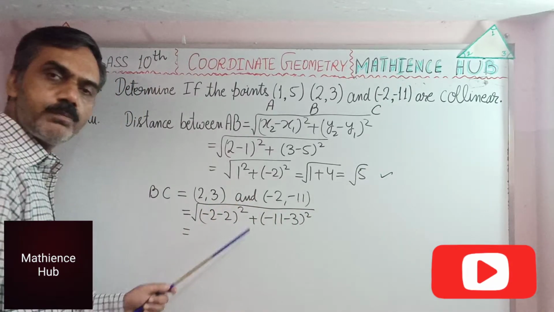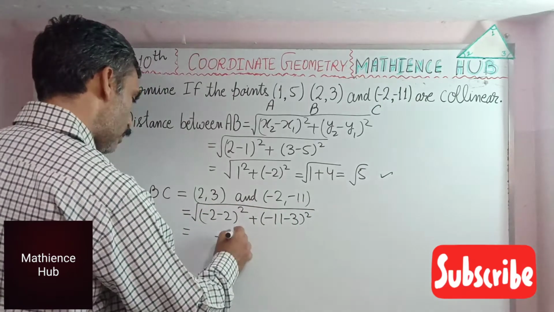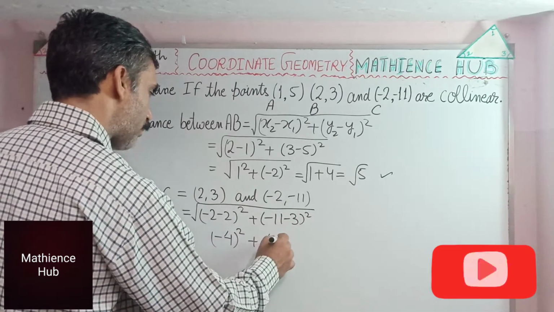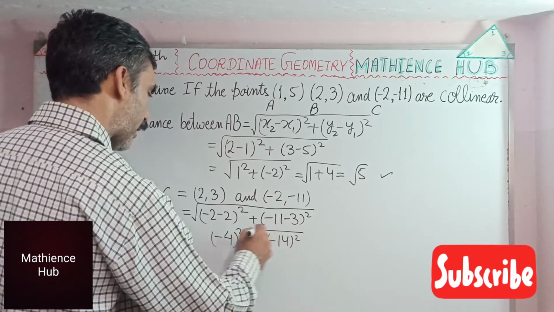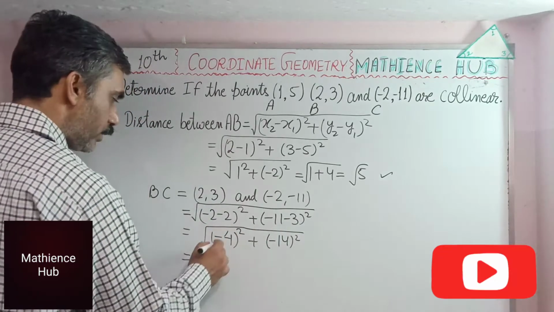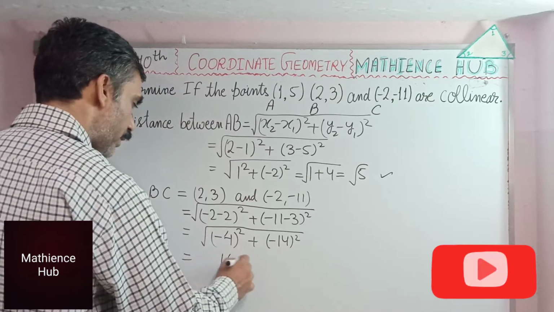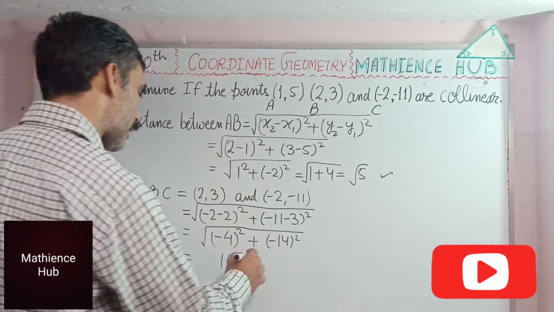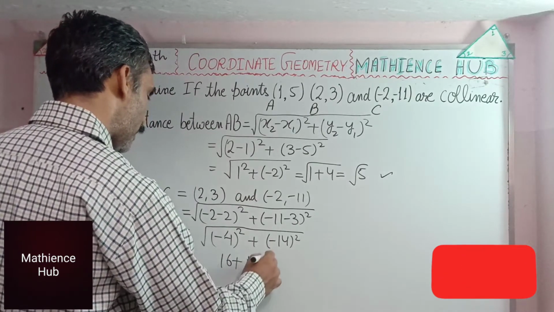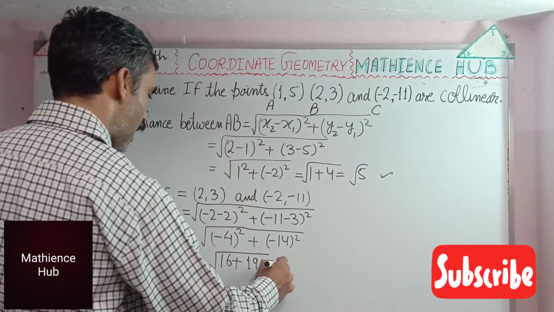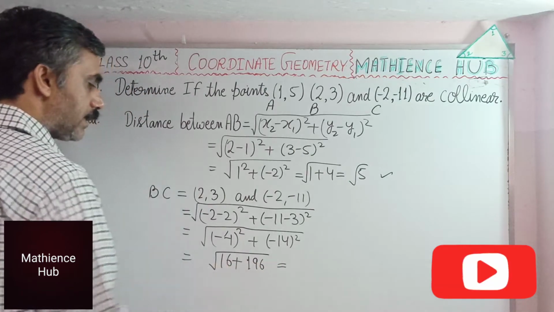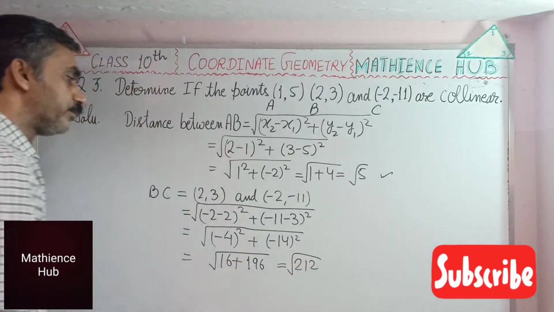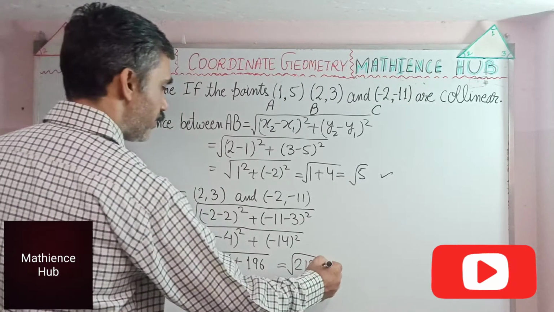Minus 2 minus 2 is minus 4 square, plus minus 11 minus 3 is minus 14 square. Minus 4 square is 16. Any negative integer square is always positive. 14 square is 196. Adding 196 plus 16 is 212. This is BC.